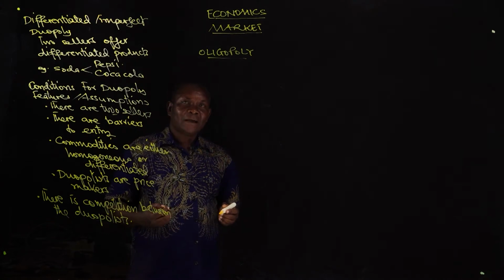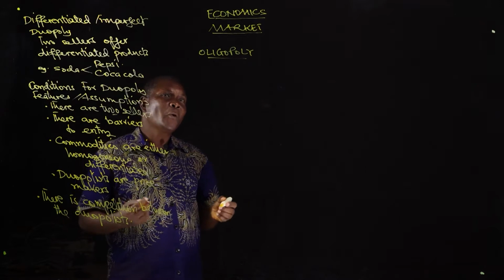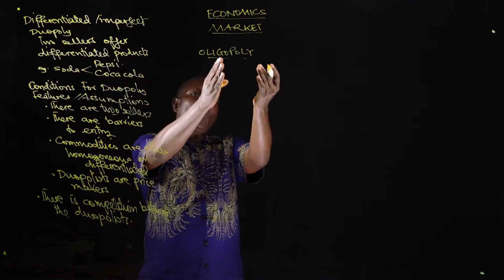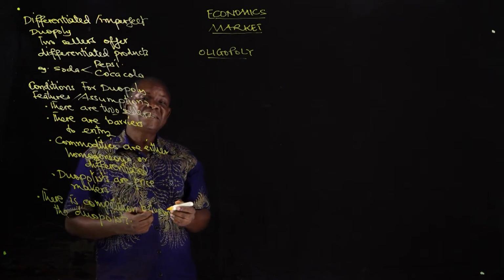My students, oligopoly is again derived from two Greek words. We are familiar with the second part, which is about sellers. Oligo means few.